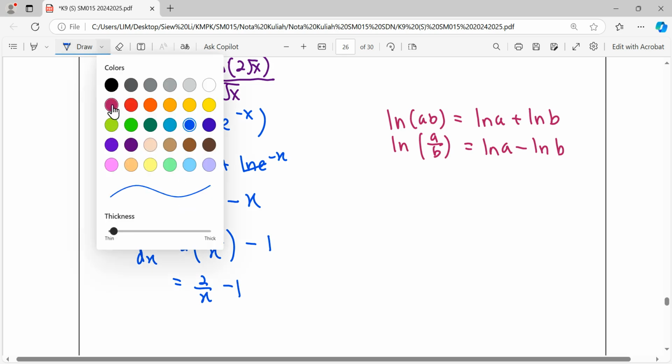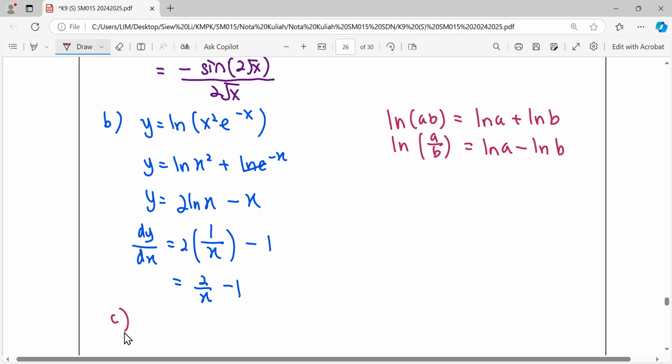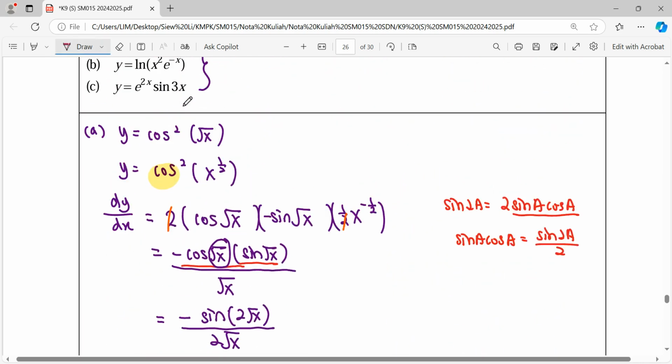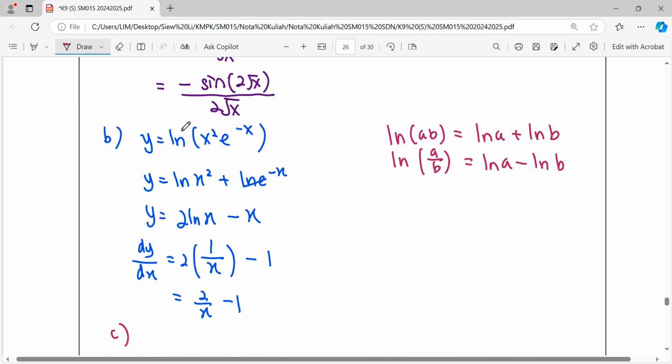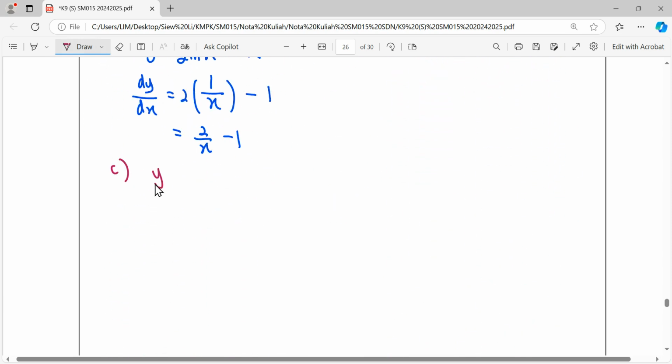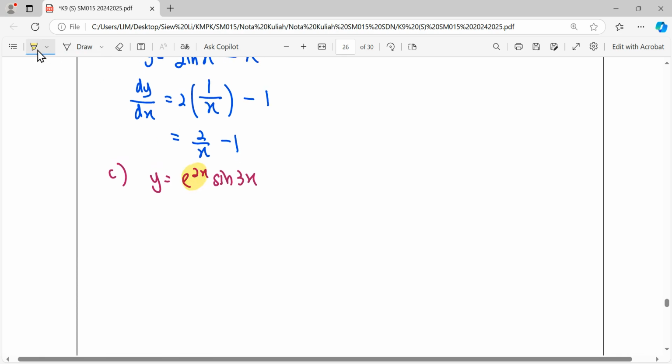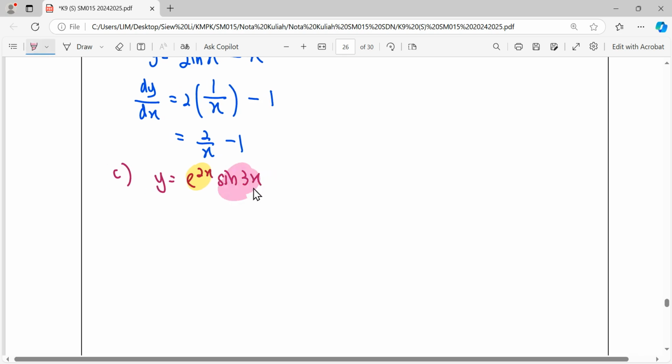Then continue. For question C, e to the 2x times sine 3x. When we observe our function of x, we have two functions here. One is an exponential function. Another one is a trigo function.